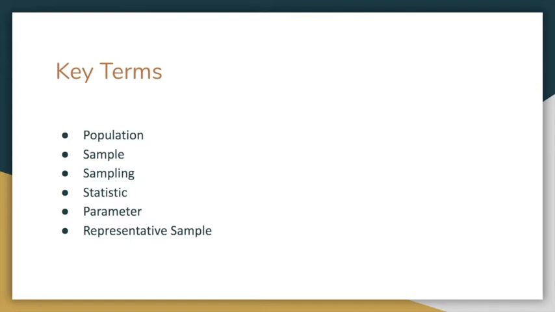All right, so a representative sample is basically just saying that a sample that we have collected does a good job of representing the population. So, in other words, we don't have a sample that's full of unusual values.